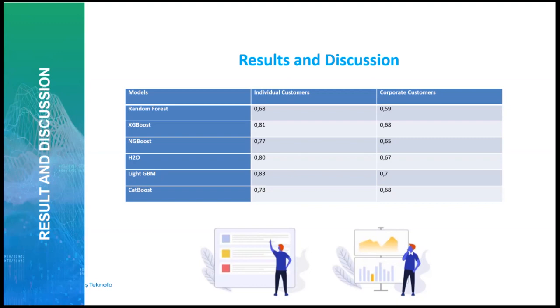These scores range from 0 to 1, with 0 meaning that the model did not accurately predict any renewal, while 1 means that it predicted every renewal correctly. As the score gets closer to 1, the model predicts the renewals more accurately, and it has the highest accuracy and F1 score.